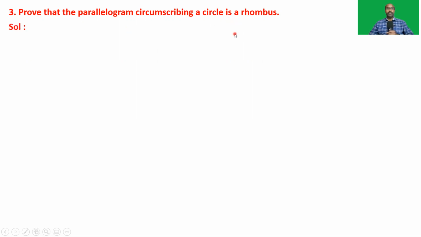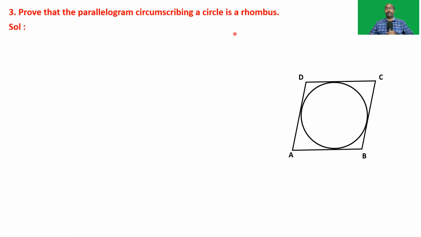Okay. So take a parallelogram ABCD and a circle which touches all the sides of the parallelogram like this. Let the circle touch the sides AB, BC, CD, and AD at P, Q, R, and S respectively. So now ABCD is a parallelogram.